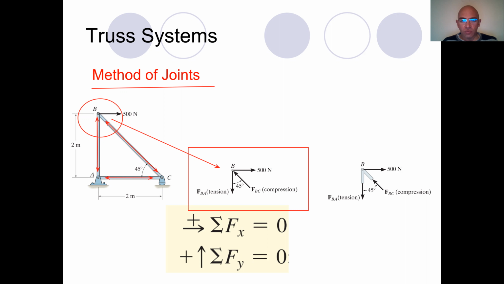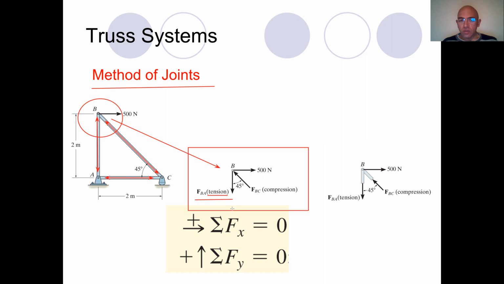Now, as you see, this is the force. For example, FBA is the force acting on the pin B. Now, certainly, if the force on the pin is in this direction, like this, the force on the truss has to be in the opposite direction, but has the same magnitude. Now, this is one thing.